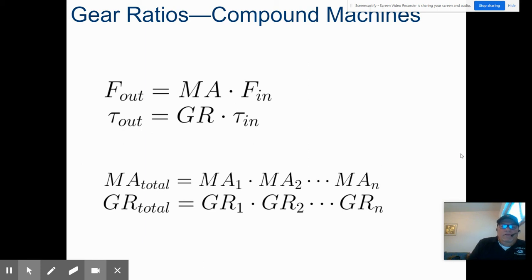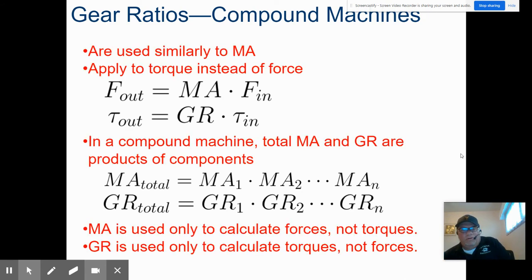So here you have mechanical advantage times force in, and gear ratio times the torque in. Total mechanical advantage is equal to mechanical advantage 1 times mechanical advantage 2, and so on. And the same with the gear ratio.